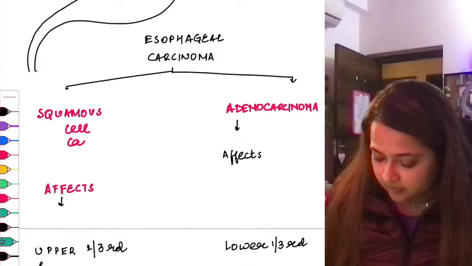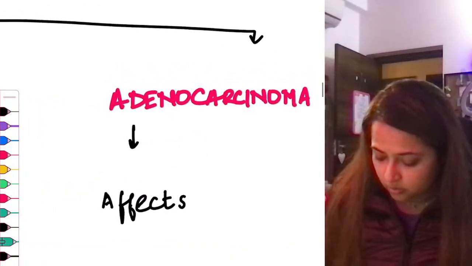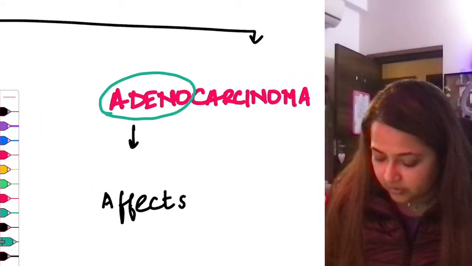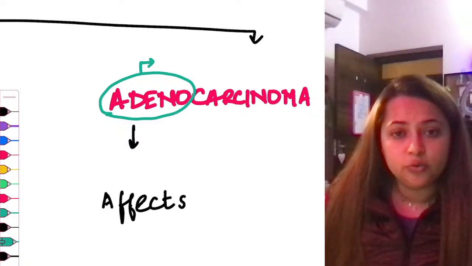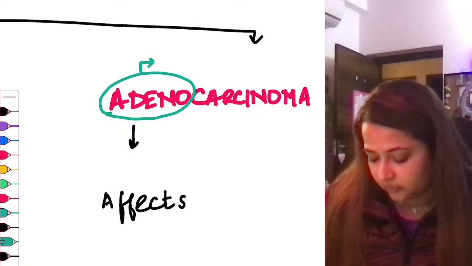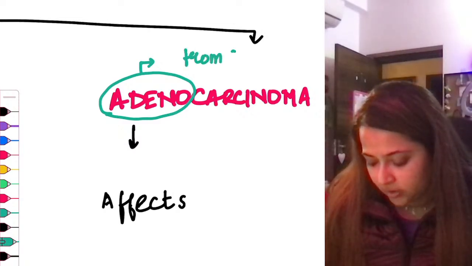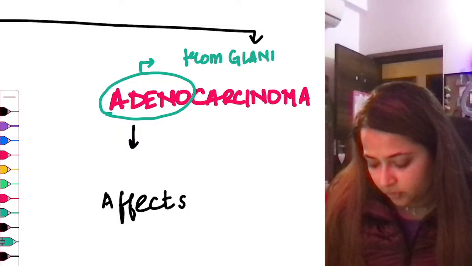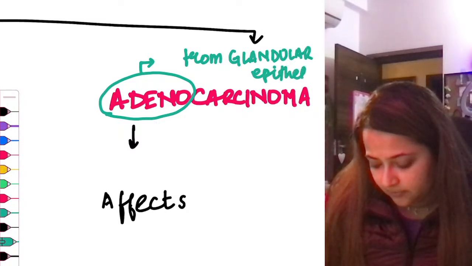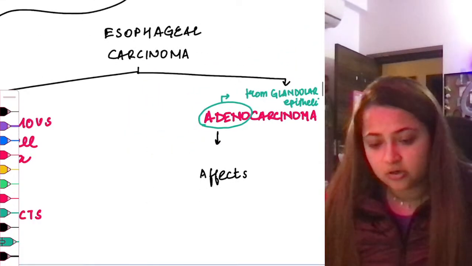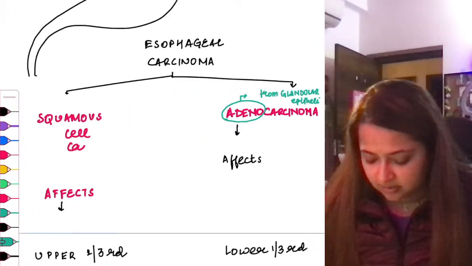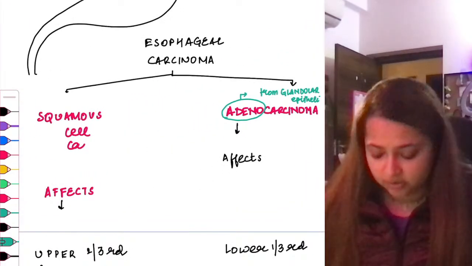Whenever you read this term adenocarcinoma, you have to know one thing: adeno is related to glands. So adenocarcinoma is a carcinoma arising from the glandular epithelium. So the esophageal carcinoma is of two main varieties, squamous cell carcinoma and adenocarcinoma.